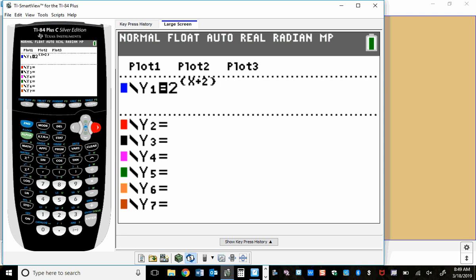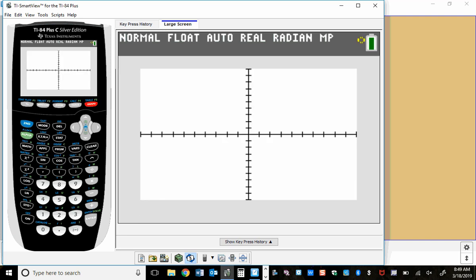I'm going to scroll over, you don't have to, and then plus 3. Take a look at it, make sure that your graph looks like 5. Good.